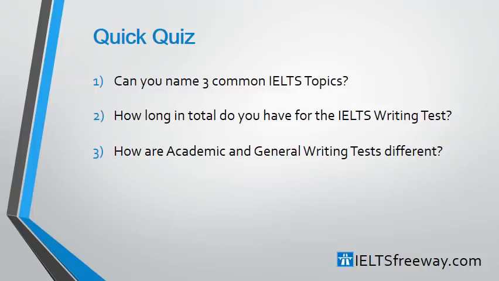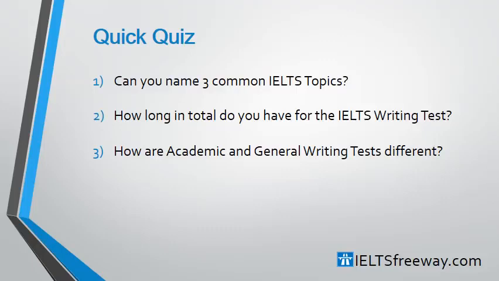Question 3. How are academic and general writing tests different? Well, pause the video and have a think. Hopefully, you came up with something like the general writing test, part 1 is a letter, but the academic test, part 1, is a summary describing pictures, diagrams, and charts.